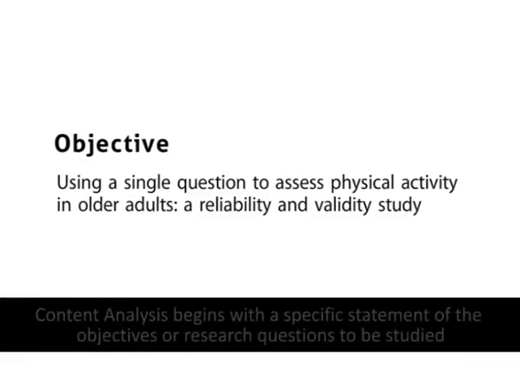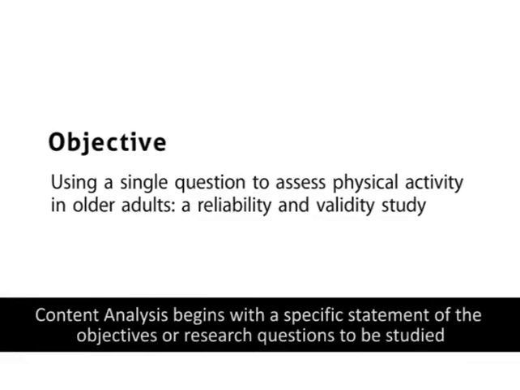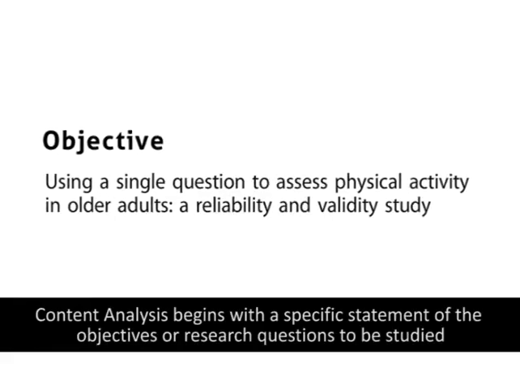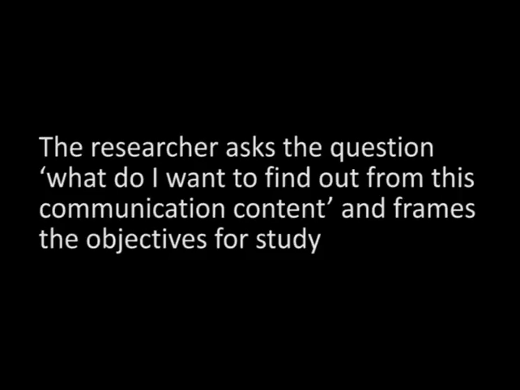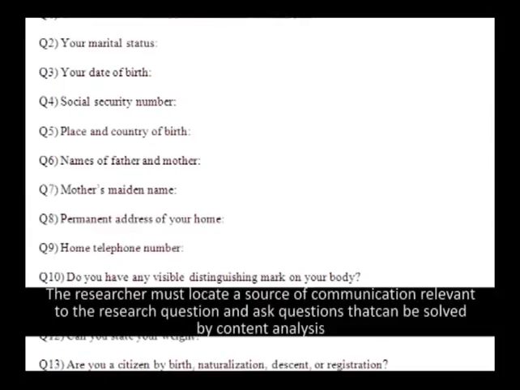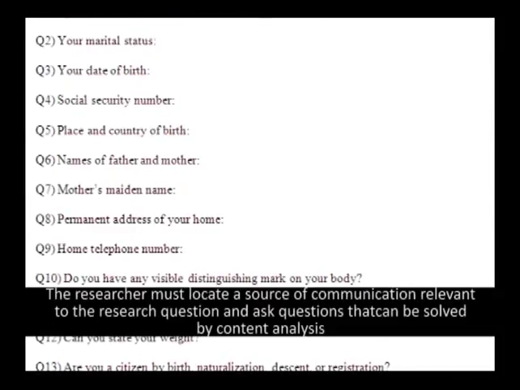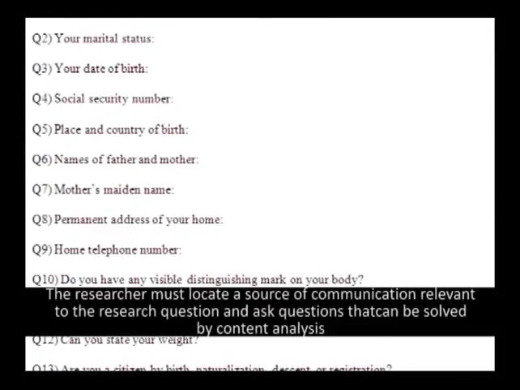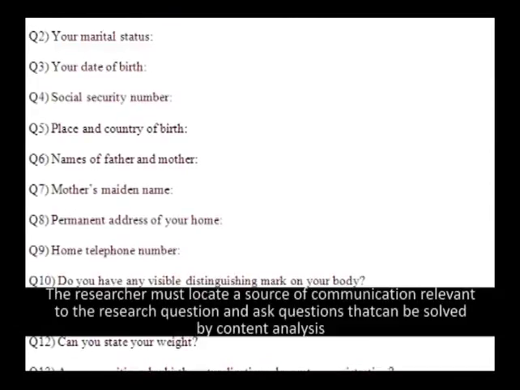Doing content analysis. Content analysis begins with a specific statement of the objectives or research questions to be studied. The researcher asks the question, "What do I want to find out from this communication content?" and frames the objectives for study. The researcher must therefore locate a source of communication relevant to the research question and ask questions that can be solved by content analysis.